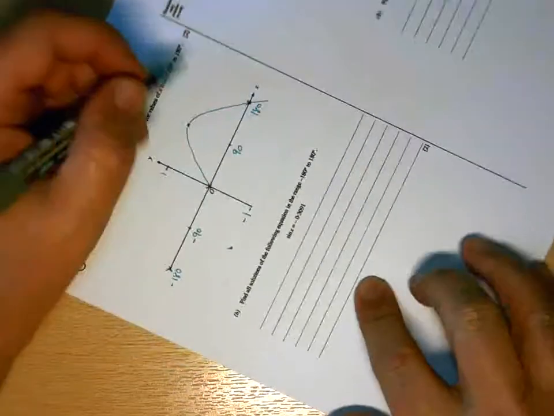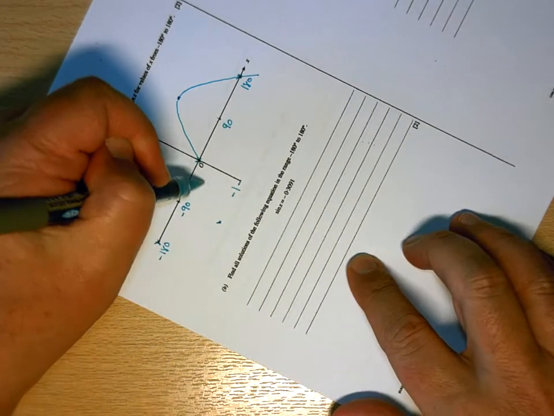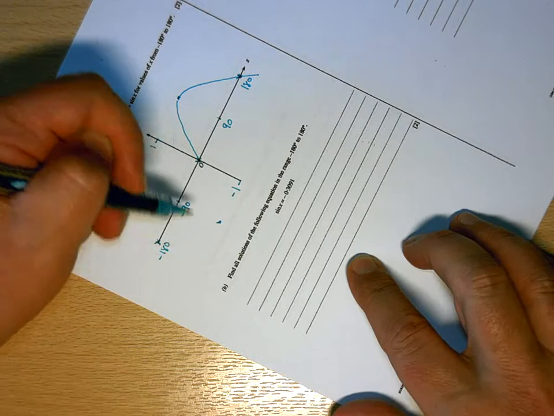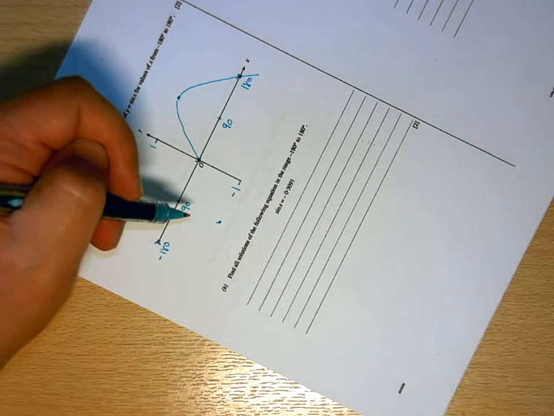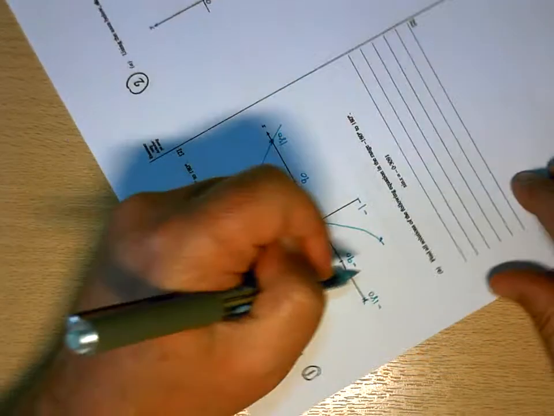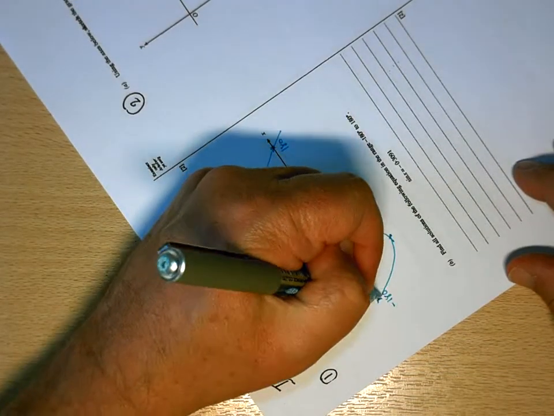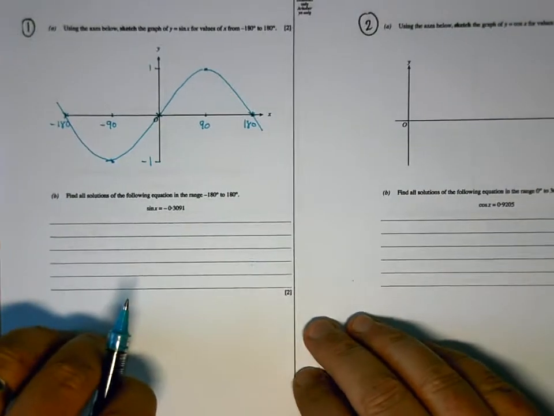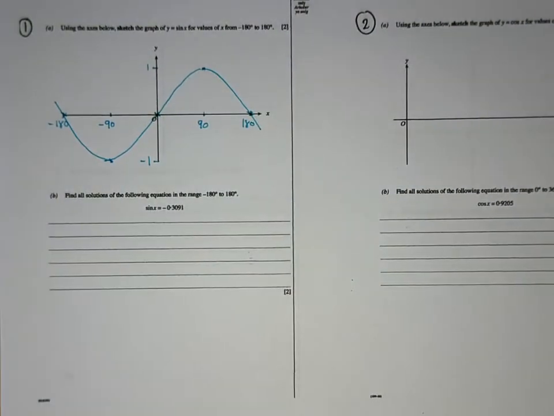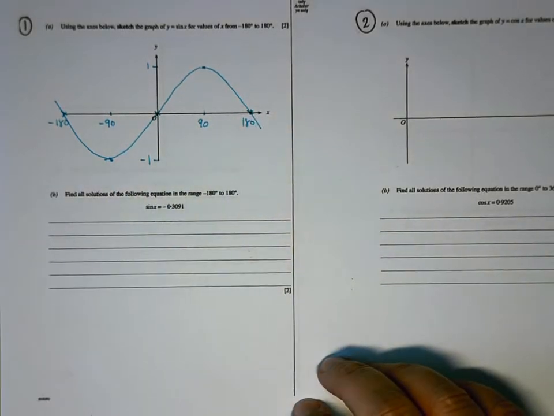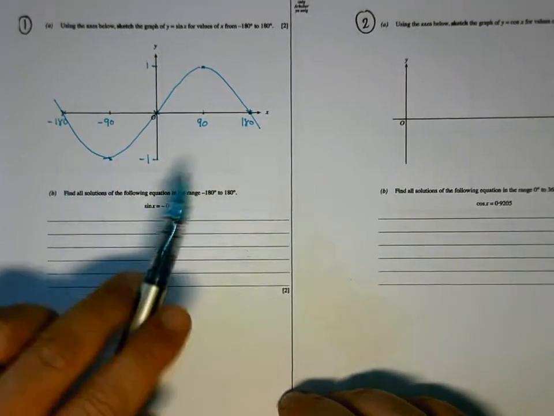So it's usually easier when you're drawing a curve to keep the inside of the curve on the inside of your wrist, because you're forming a natural compass with a pivot on your wrist. So I'm going to do that. So that's my sine curve. So 2 marks for that. You get a mark right for that side, mark right for that side.